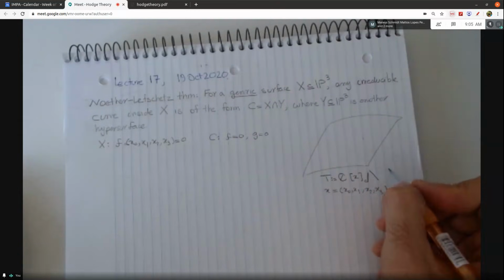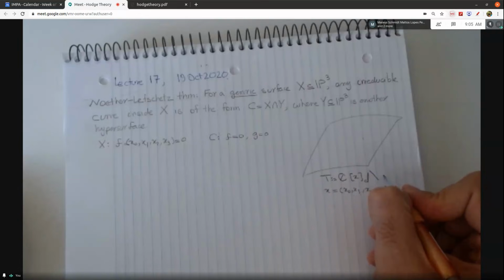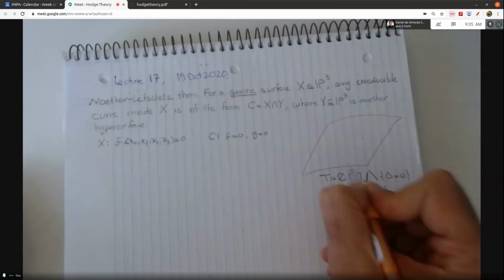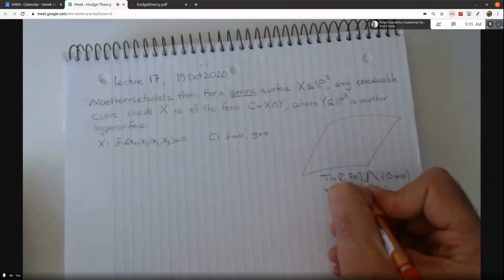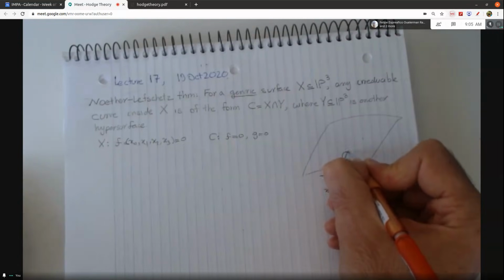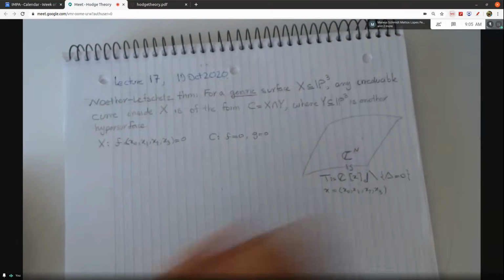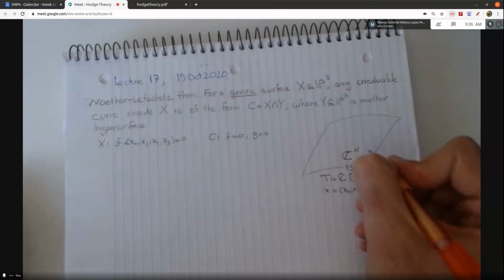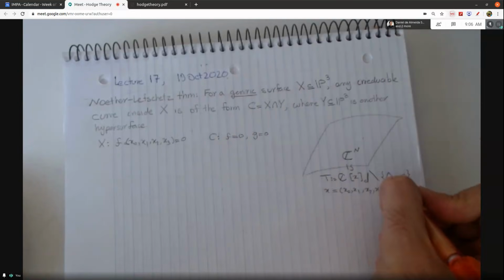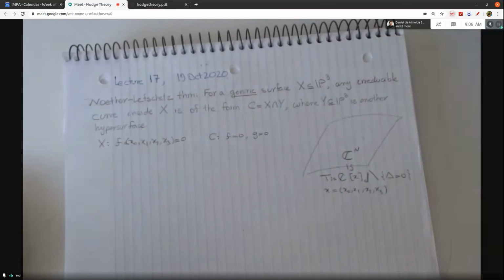Later we will see that singular surfaces correspond to some discriminant equal to 0. So this space of homogeneous polynomials is just some C to some number n, and then we cut out the discriminant equal to 0, so that we get smooth surfaces.